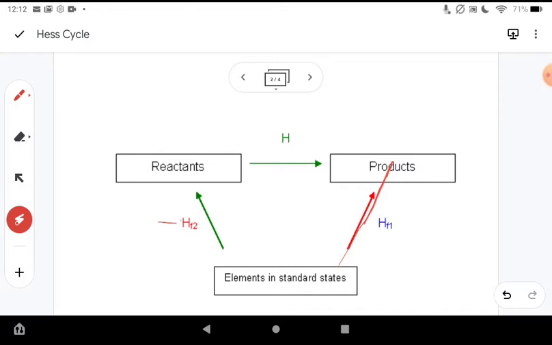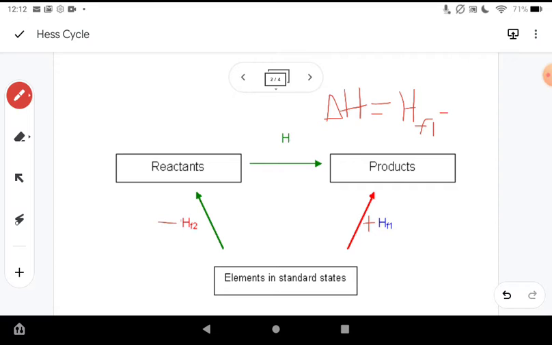And going with the arrows, that would be plus ΔHf1. So my formula for ΔH equals ΔHf1 minus ΔHf2, or my products minus my reactants.